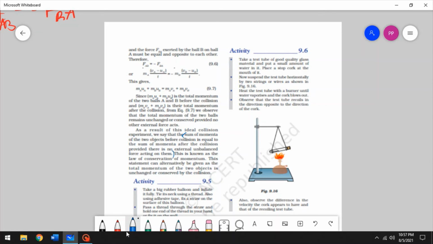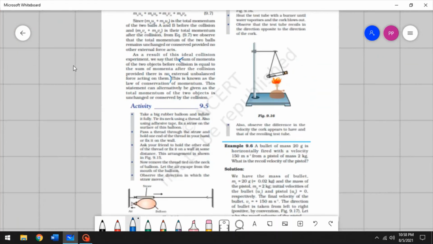So this is like this tiny terms and conditions apply thing that we see on advertisements and all of that, right? When are the two momenta of A and B before and after the collision equal? When there is no external unbalanced force that is being applied.